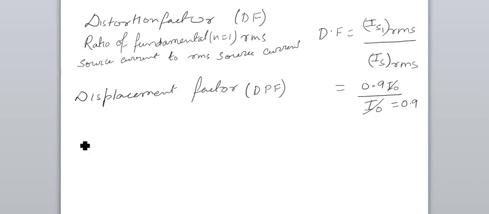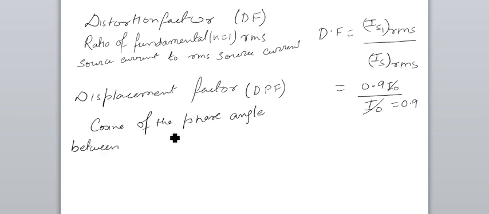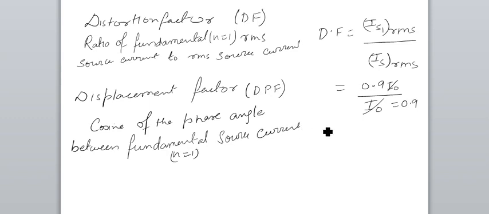What is displacement factor? Displacement factor is cosine, that is cos, of the phase angle between the fundamental source current, that is n equal to 1, and the fundamental source voltage.